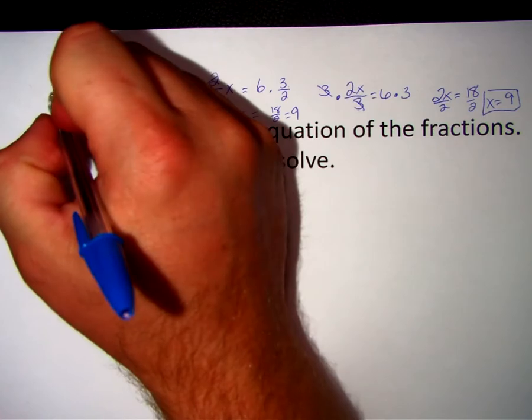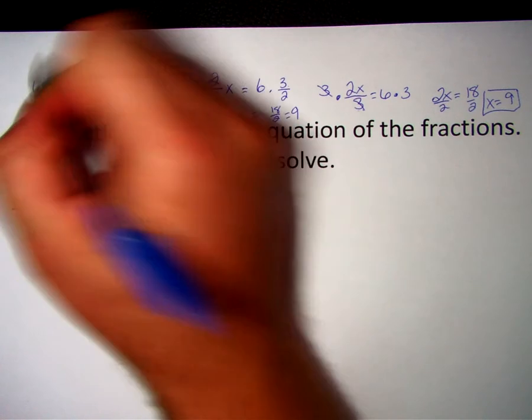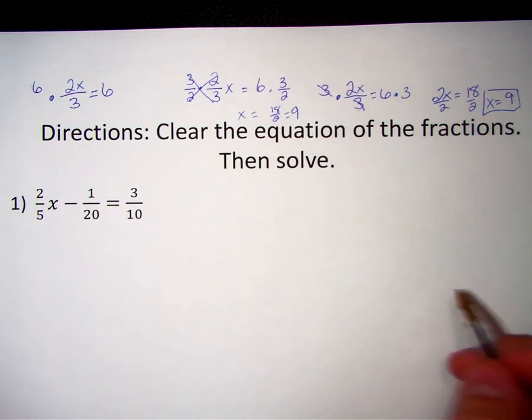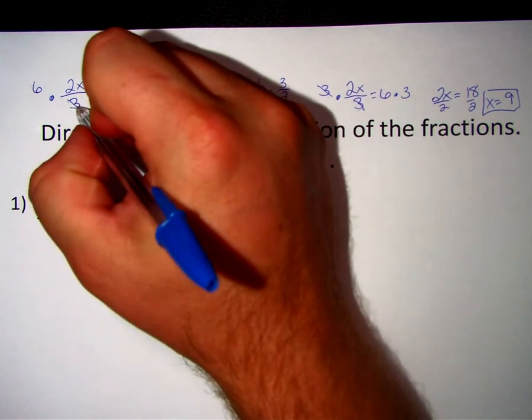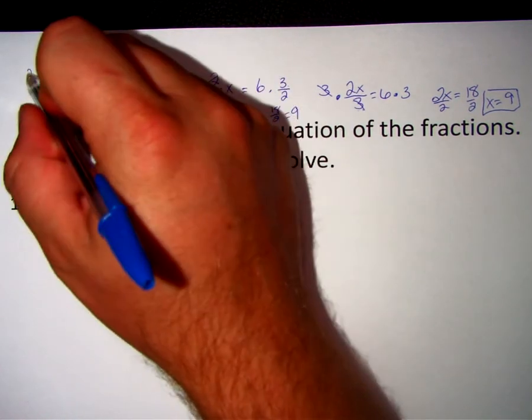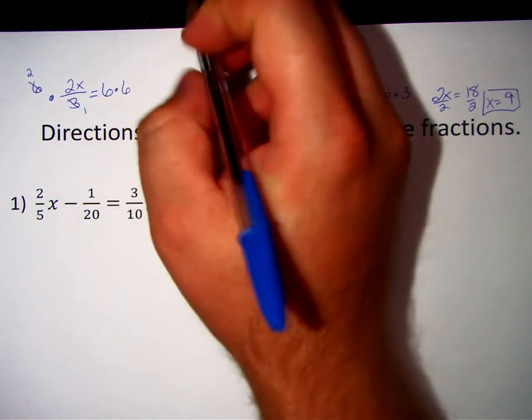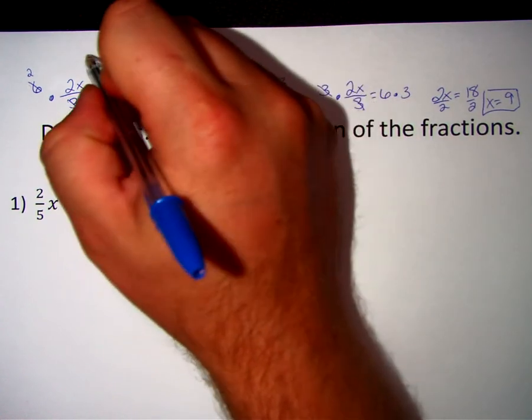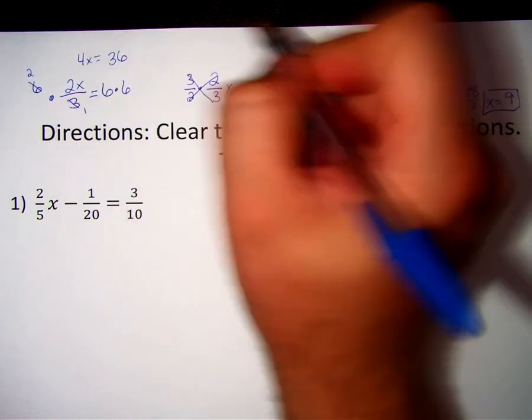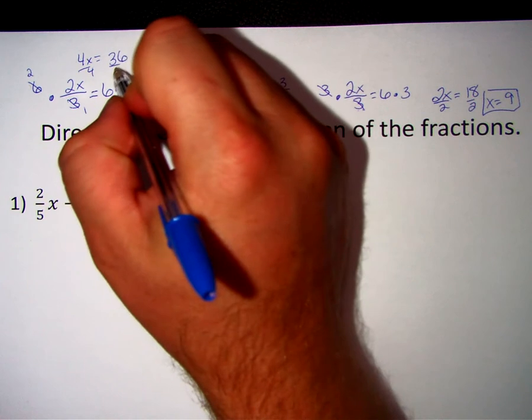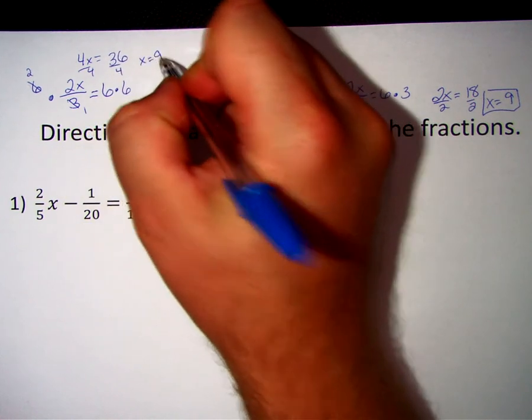I could certainly multiply by 6. This just means that when I cross-simplify, I end up with a 1 and I end up with a 2. Well, I need to multiply the other side by 6, and so we'll end up with 36 equals 4x. And when we divide both sides by 4, x is still equal to 9.